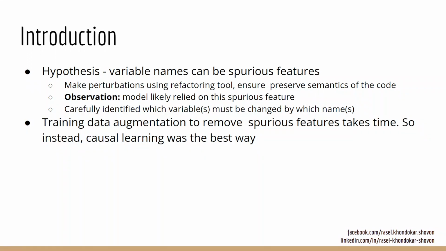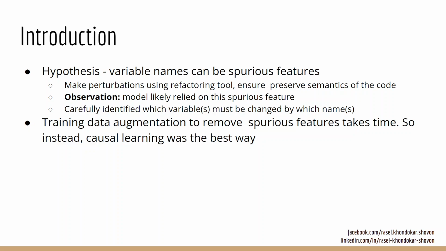So if we talk about what the author did in this paper, at first they considered the hypothesis that variable name can be a spurious feature. This hypothesis came from domain knowledge.